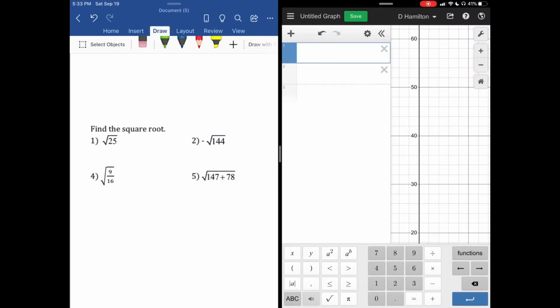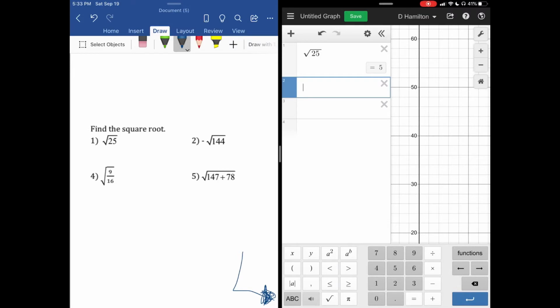So let's look at these examples quickly, and then right after that you will do a couple of examples on your own. So for number 1, it's asking to find the square root of 25. You'll notice on Desmos, right here at the bottom row, you'll see the radical symbol. That's the first thing that you type in, followed by, inside the radical, 25.